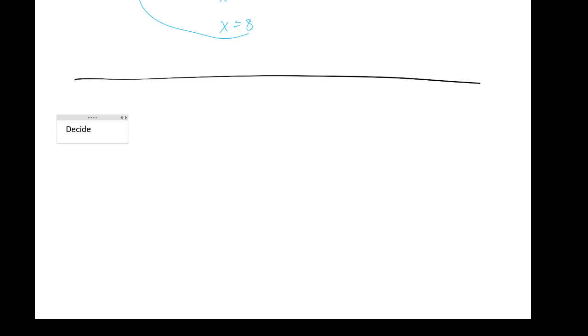Okay, ready? Last example for today. We're going to decide if quadrilateral ABCD is a rectangle, rhombus, square, or none of the above.